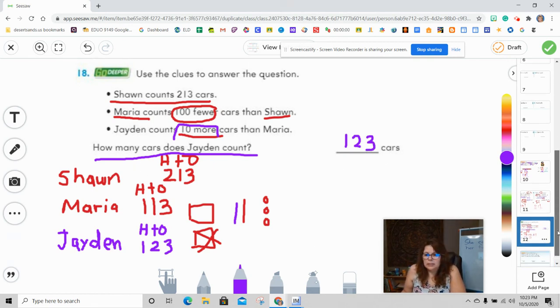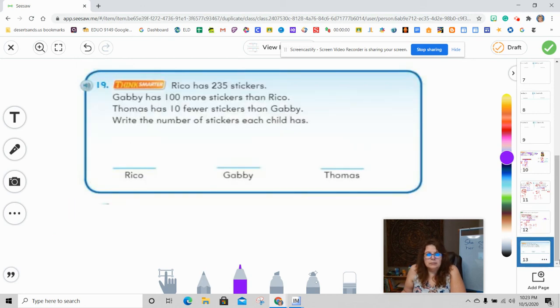Okay, let's look at our last problem. This is another one that you have to just follow the steps. Find the one that you know the answer to, the one that they're telling you. And then look at the clues and look at the name to see which one matches first. Okay, so it says Rico has 235 stickers.